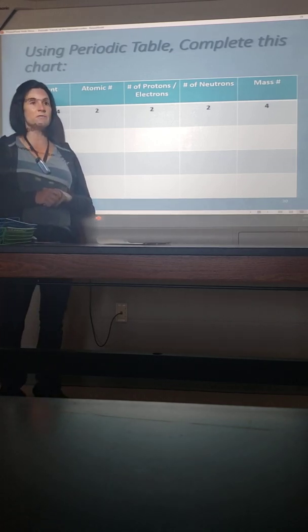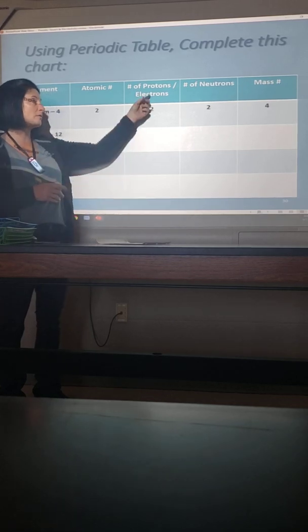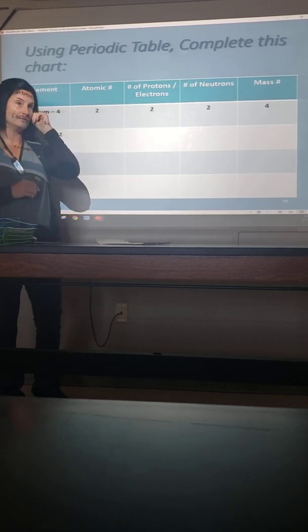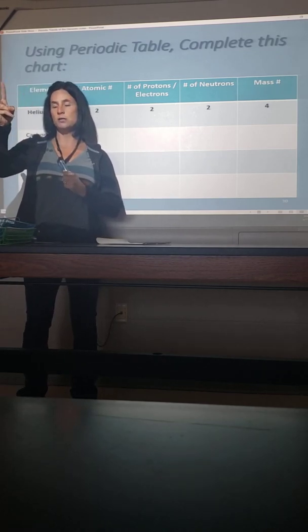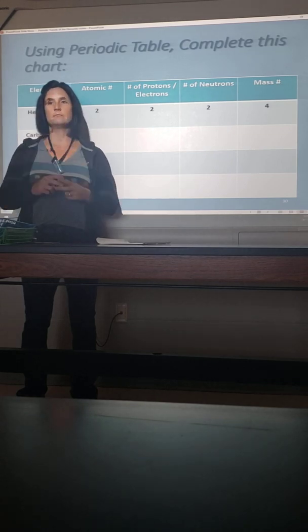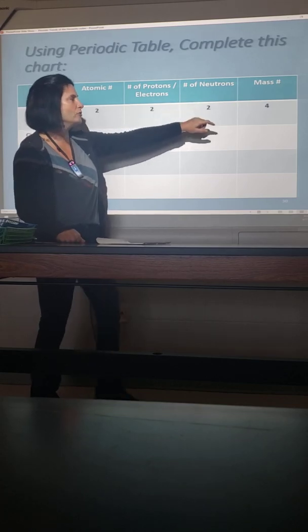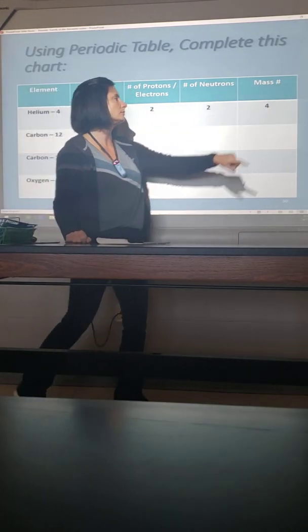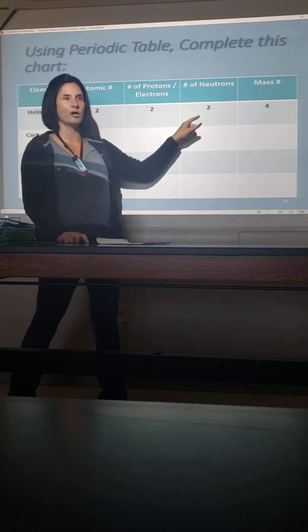If we're assuming all of these are totally neutral, then by default, the total number of electrons would also have to be 2. Right? Because if you have 2 protons, you would need 2 electrons to cancel those out to make it neutral. And then how we got the number of neutrons, if you take 4 minus 2, you end up with 2 neutrons.